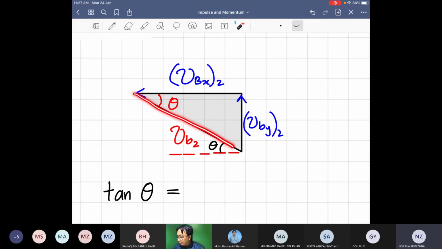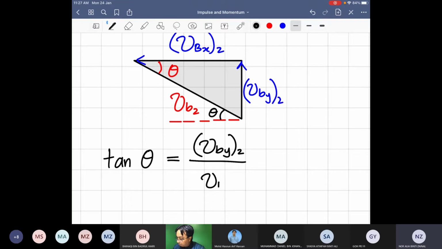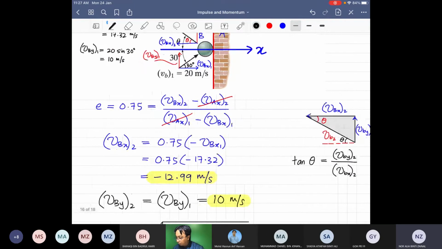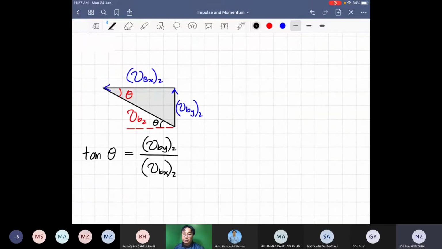Okay, yang ni ialah hypotenuse. So tangent theta is basically VBY2 divided by VBX2 lah. Okay, so value dia semua kita dah ada tadi. VBY2 is 10, VBX2 is 12.99. So basically you can ignore also the negative sign tadi lah.